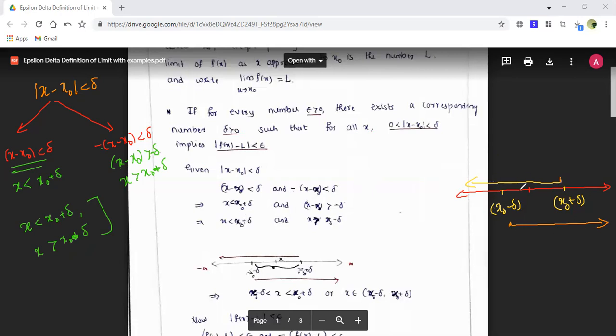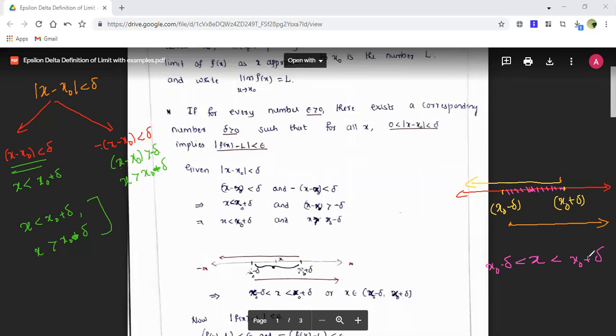Now you can see, between these two, what are the common points? These are the common points, in between x naught minus delta and x naught plus delta. It means somewhere here your x lies. This implies x is lying between x naught minus delta and x naught plus delta.